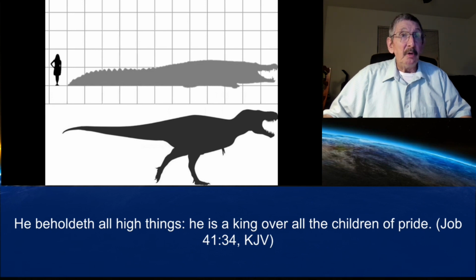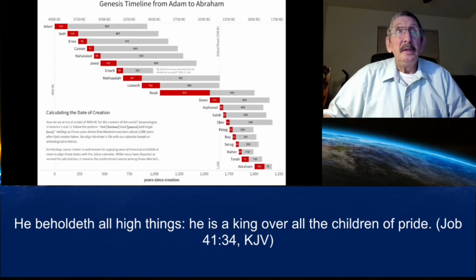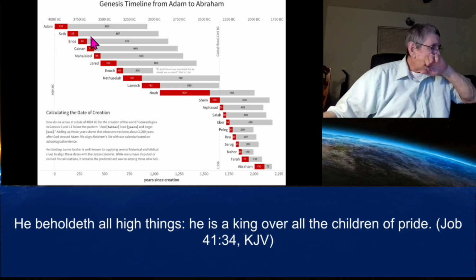Noah lived to about, I think it was about 950 years. Here's that chart. Adam lived, let's see, 930 years, and Seth, his son, lived 912 years.